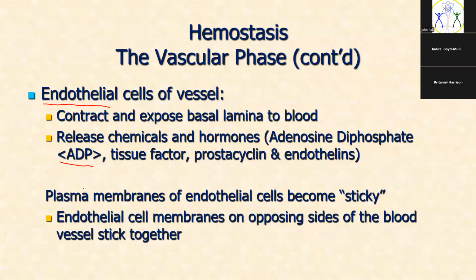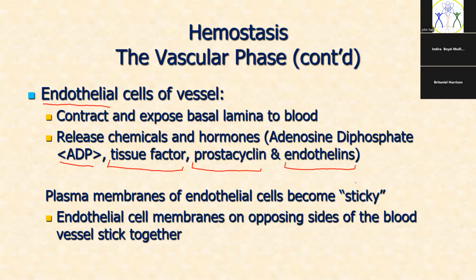I'm sure everybody knows this one already. ADP plus P equals ATP. That should sound familiar to you, right? You also release substances like tissue factor and prostacyclins, as well as endothelins. So all of these lovely substances are coming from the endothelial cell in the area of the damage, right?